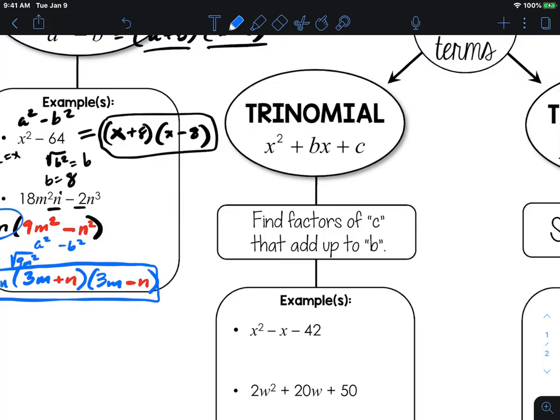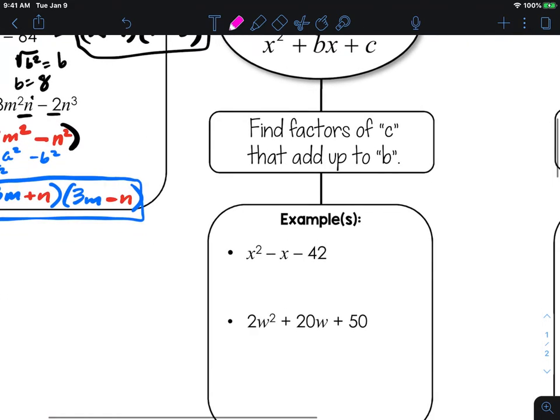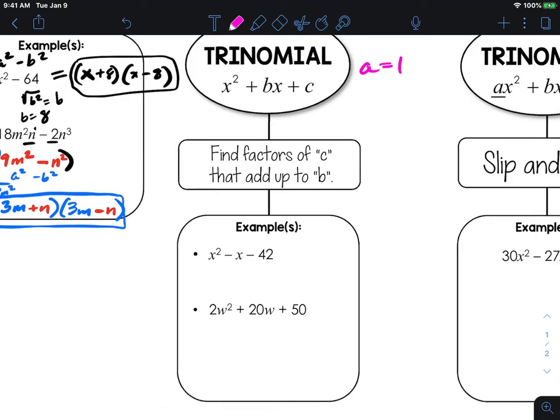And if you have a trinomial that's an x squared plus bx plus c, this is if a is equal to 1, okay? And so this is where we do our diamond with a times c at the top, in this case 1 times whatever c is, and b in the bottom, and we get our two factors there.